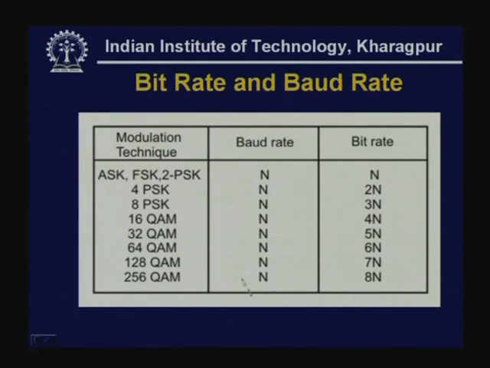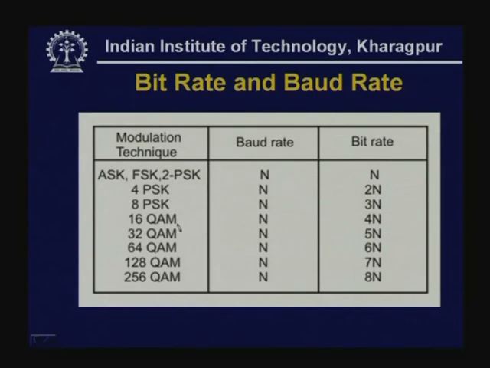So, if you see here, for different baud rates, what is the bit rate possible? For ASK, FSK and 2PSK, we find baud rate and bit rate are the same. For QPSK, as I have explained, if baud rate is n, then the bit rate is 2n. For 8PSK, for baud rate of n, you get bit rate of 3n.